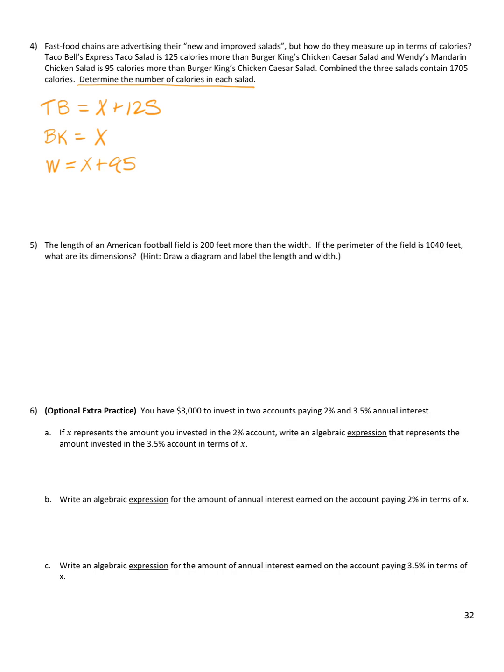They told me that combined, the 3 salads contain 1,705 calories. Combined means add them all together. So x plus 125 plus x plus 95 plus x equals 1,705 calories.